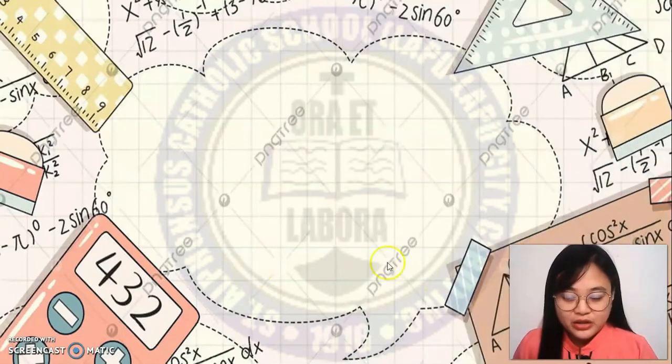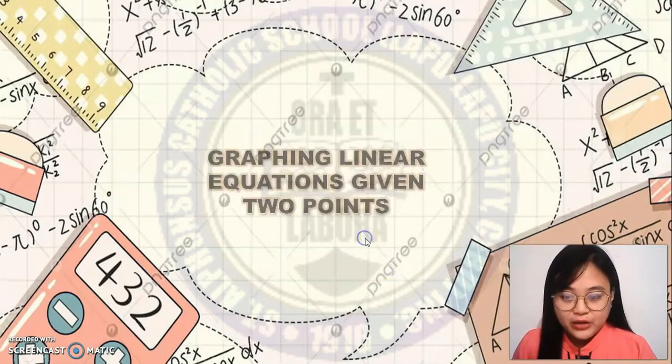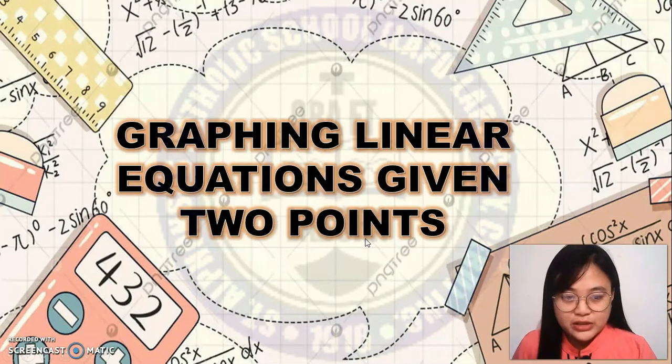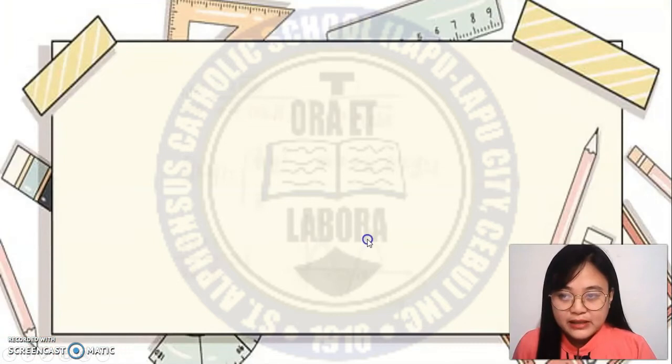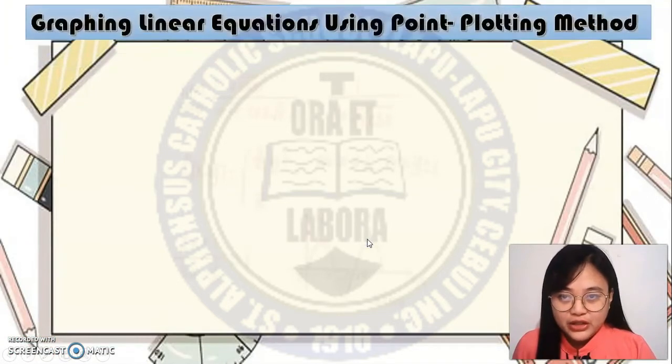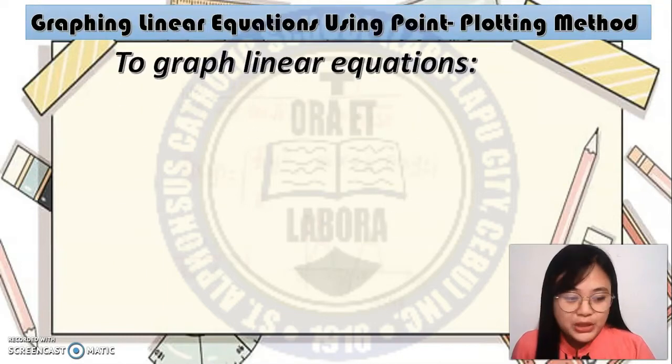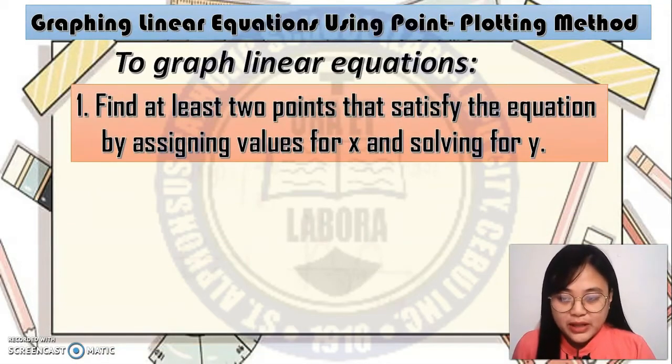Now let us start discussing how to graph linear equations given 2 points. Class, in graphing linear equations using the point plotting method, you're going to follow these simple steps. Step 1: find at least 2 points that satisfy the equation by assigning values for x and solving for y.